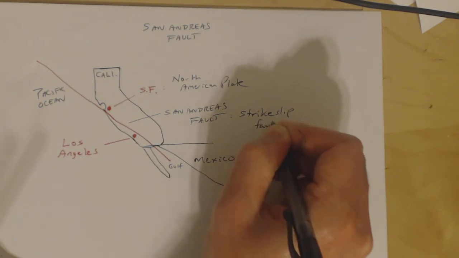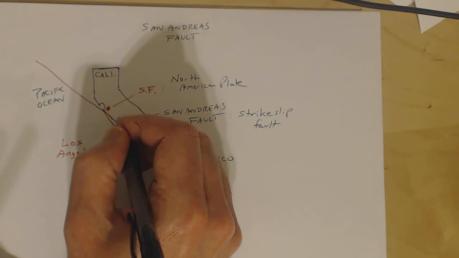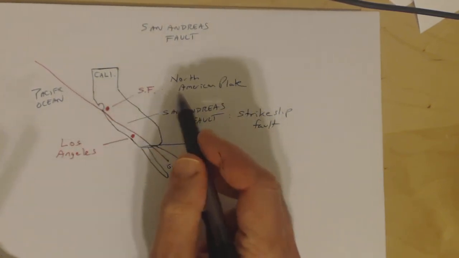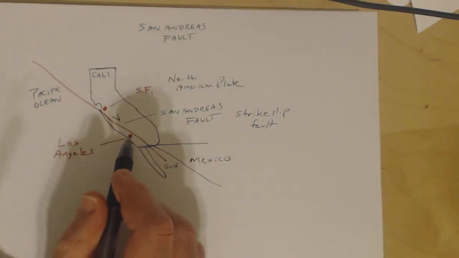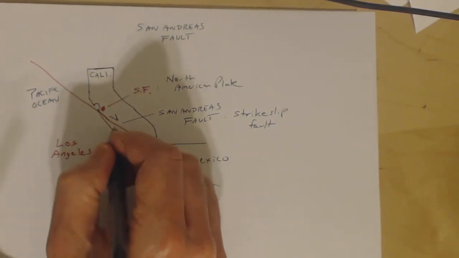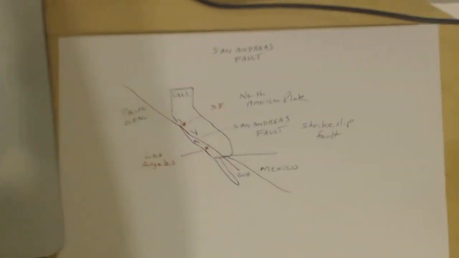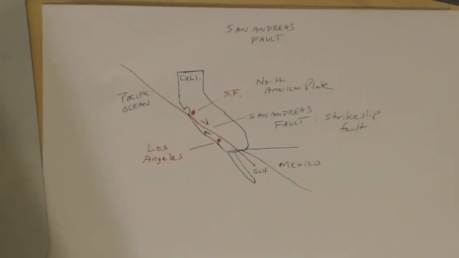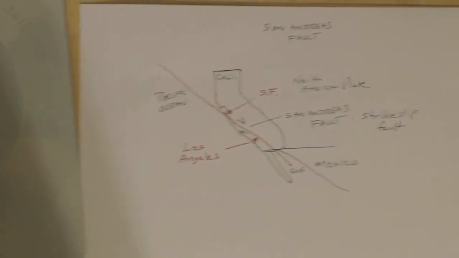And the direction of motion is something like this. The plate that San Francisco is on, the North American plate, is moving south, and the plate that Los Angeles is on is moving gradually to the north. Whoa, there goes, I have this propped up on a lamp, and that lamp is an old lamp and not necessarily stable.